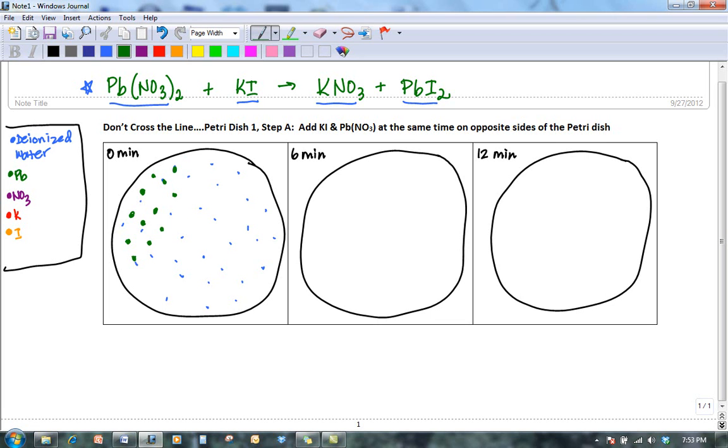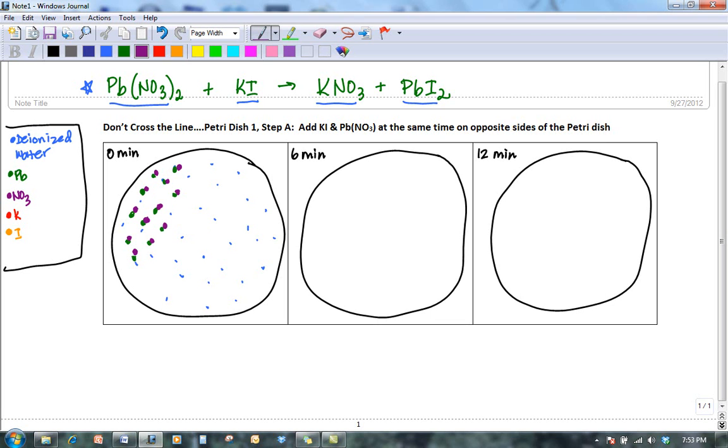So lead is going to be demonstrated as green, but each lead is bonded to a nitrate. And according to my key, I'm going to represent my nitrate as violet. So here, the green bonded to the purple dot is going to represent 1 lead nitrate. So we did that on the left side of the Petri dish.